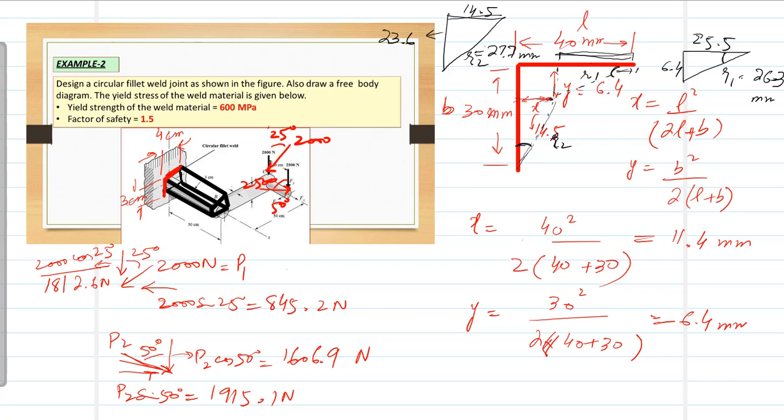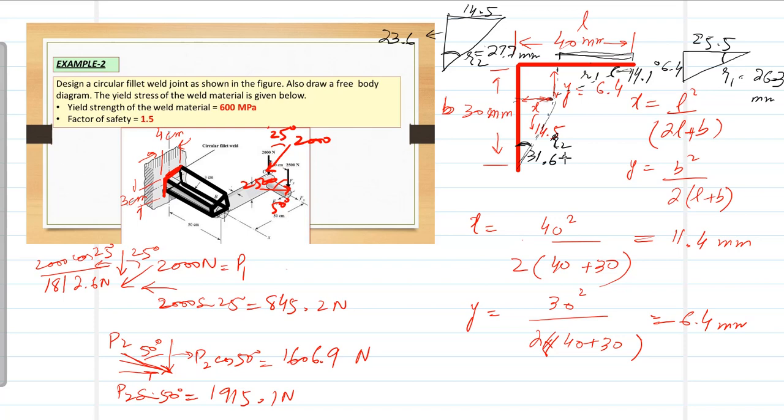And this angle is tan inverse of 14.5 divided by 23.6, 31.6 degrees. So this is 31.6 degrees. Clear? So we now know R1 and R2.